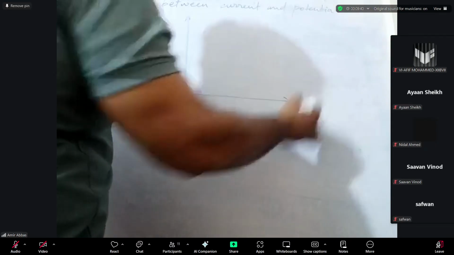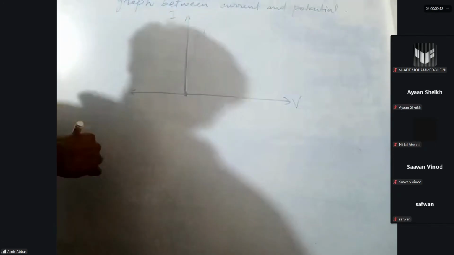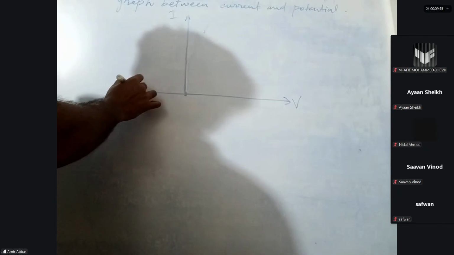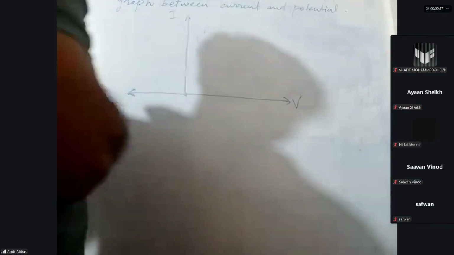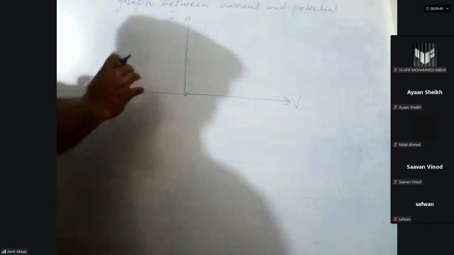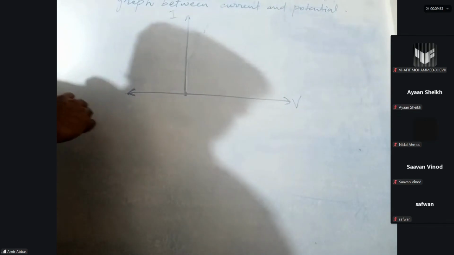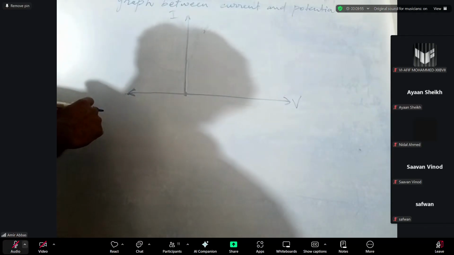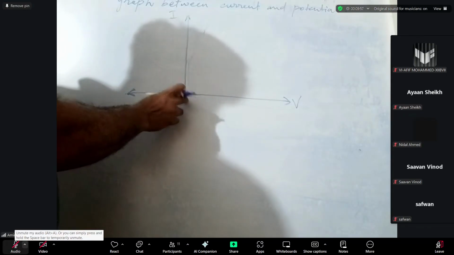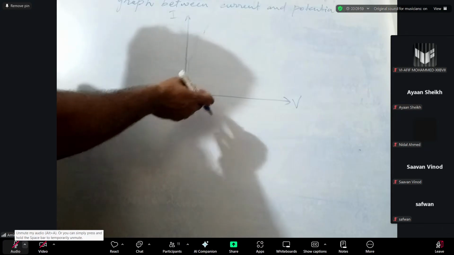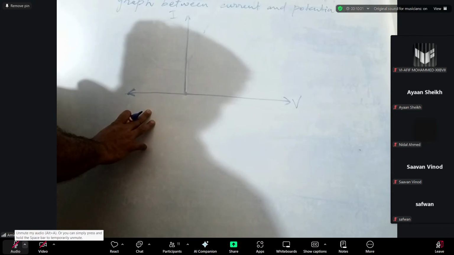So here we are taking V, here we are taking I. What we have seen for retarding potential or negative potential is when we decrease the potential of anode with respect to cathode, this means the negative potential we have to apply, retarding potential.